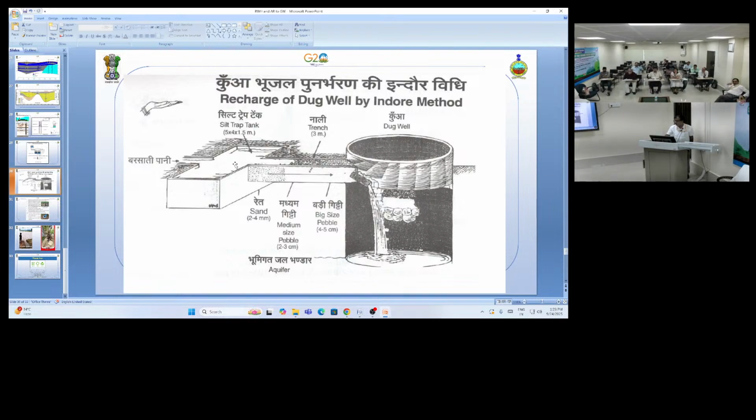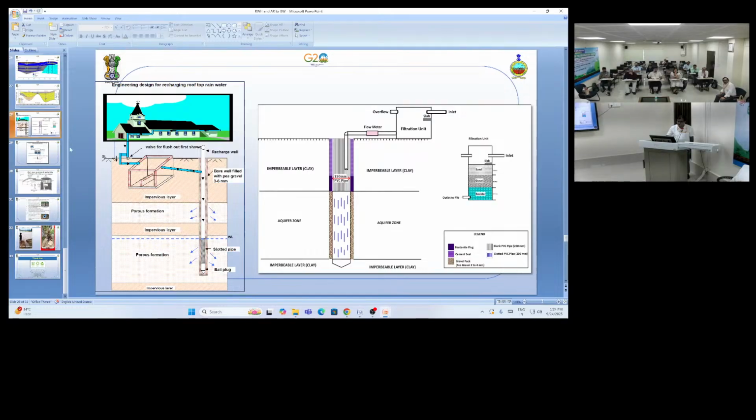Tapan sir, I think the first shower is not required here for roof area.